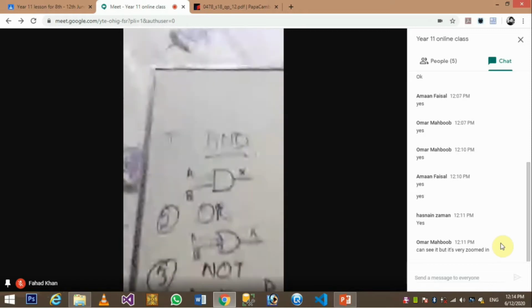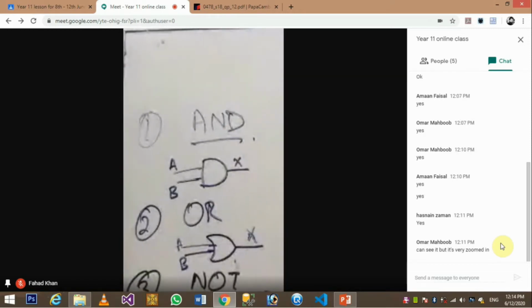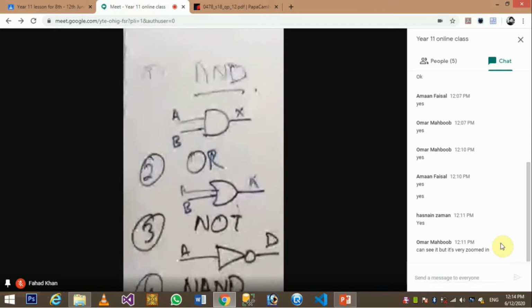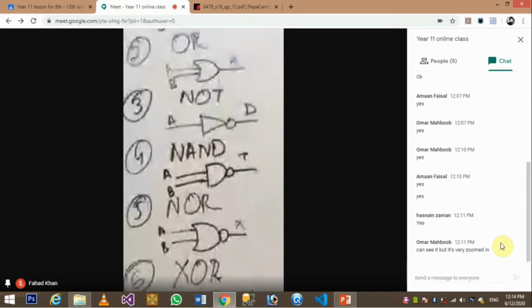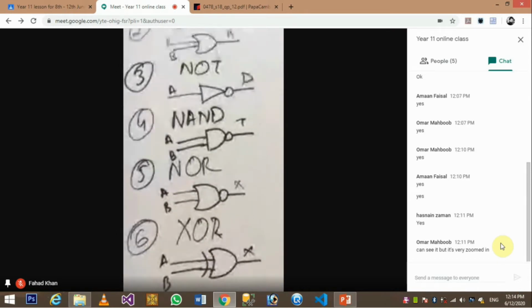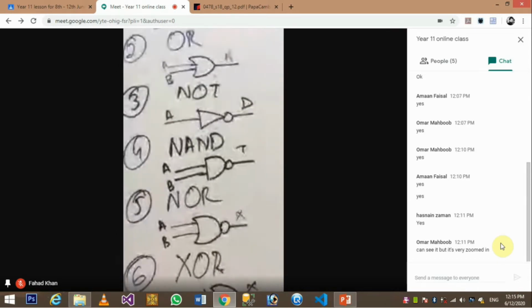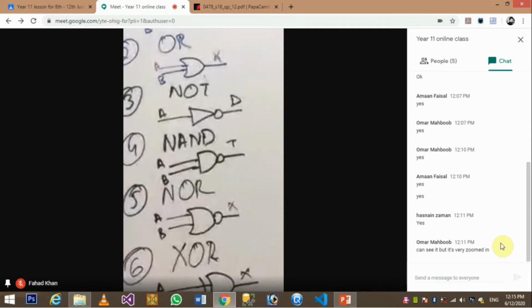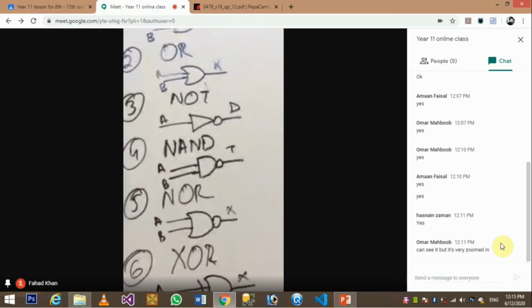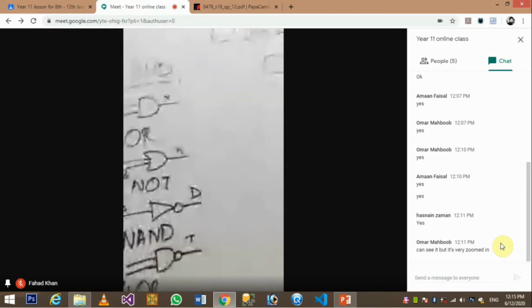So these are all the gates: AND, OR, NOT, NAND, NOR, XOR. All these 6 gates are in the syllabus, in the topic of logic gates. And how can we make the truth table of it?